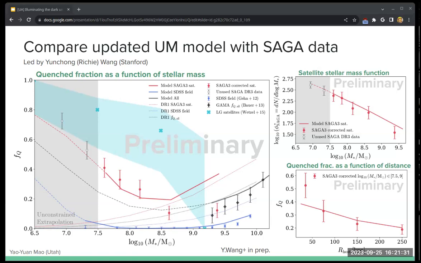So the quench fraction has a significant trend as a function of how close the satellites are to the host. The red are the data points, and you can even see the model is dispersing. The model doesn't really reproduce that significant dependence as much. So in a way, the model is still trying to capture the host interaction, but not quite there yet.